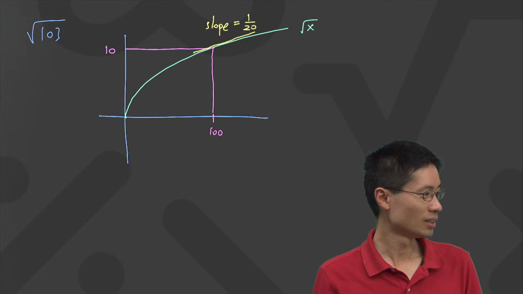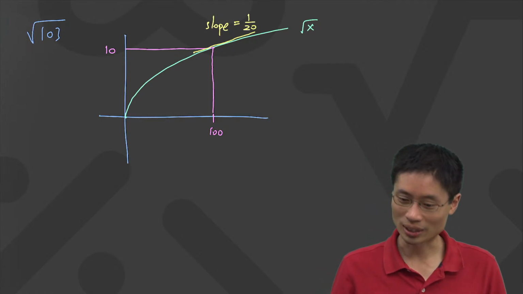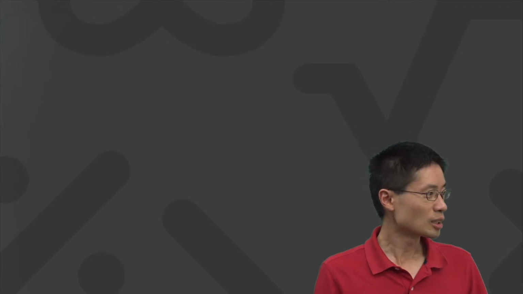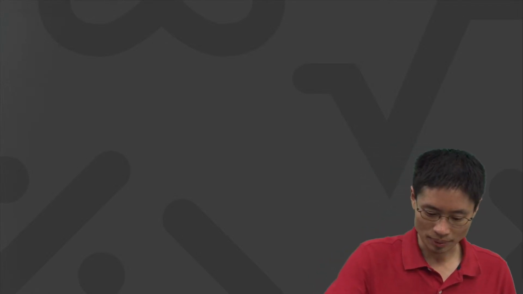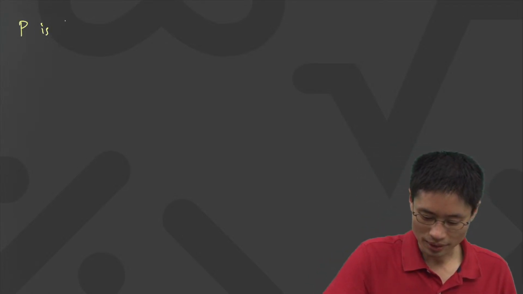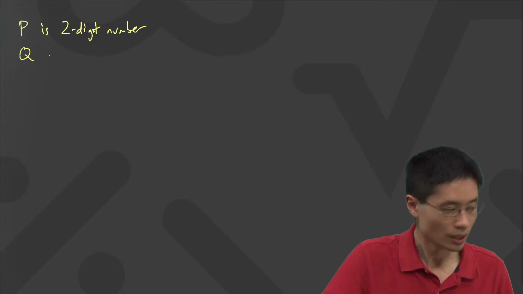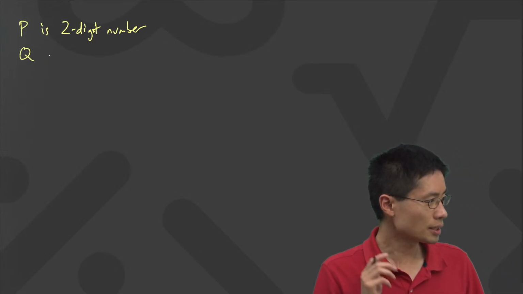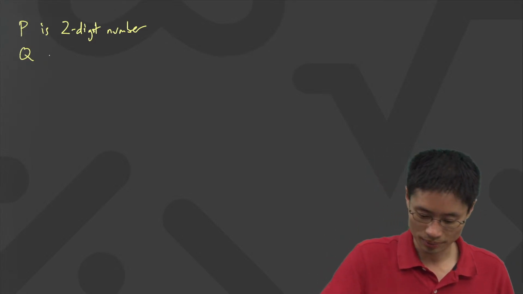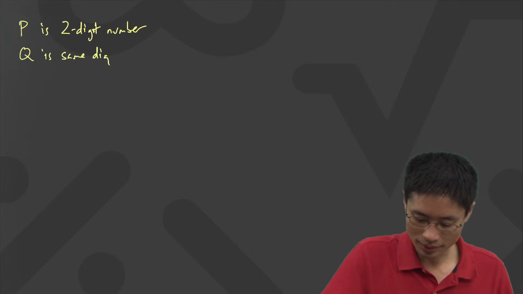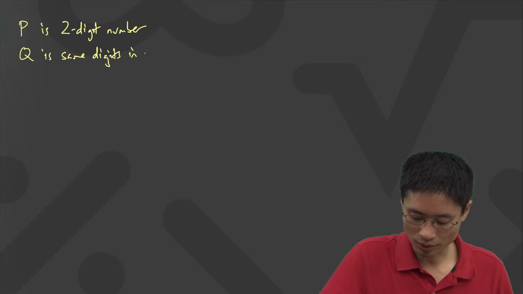Oh, a puzzle. This is a good thing to end with. From Juliet Z: suppose that P is a 2-digit number, and Q is the same digits in reverse order.